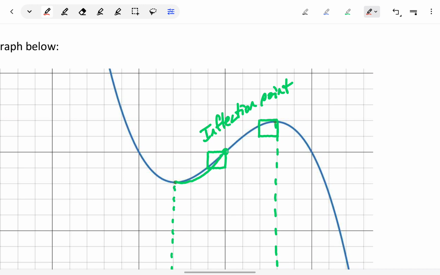So as we hit that inflection point, we're still increasing, but our function value starts getting larger at a slower rate. There's less increase in the function as our x value continues to increase. And that's going to be the idea that we carry over into the concept of diminishing returns.